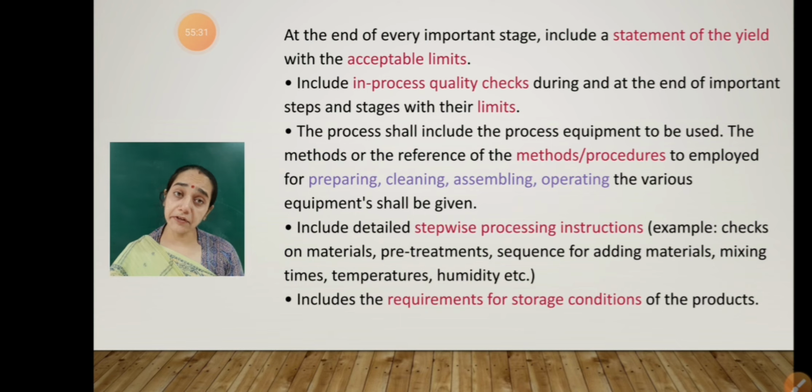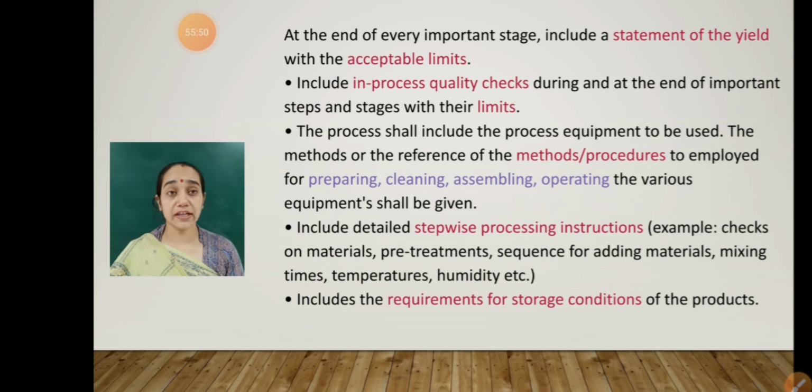They will be different for different kinds of formulation, as well as different steps, and will be different for different batch sizes also. All the in-process quality checks should be performed, and it should be checked whether they are within the limits or not.